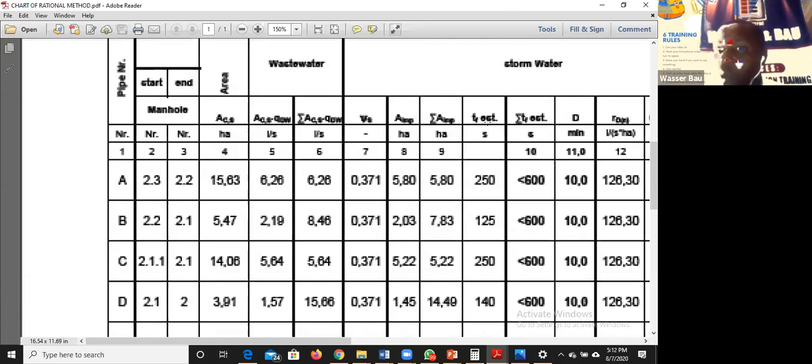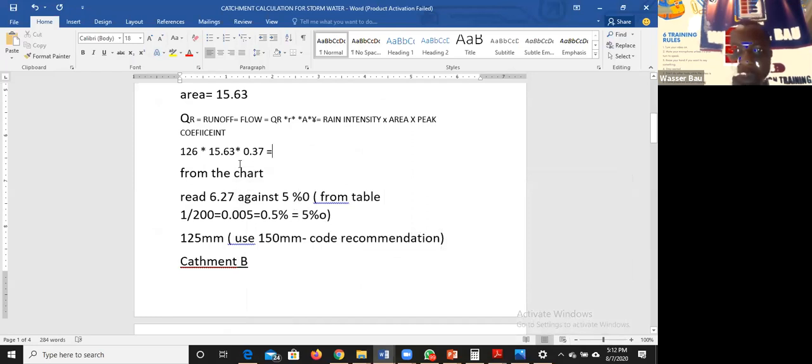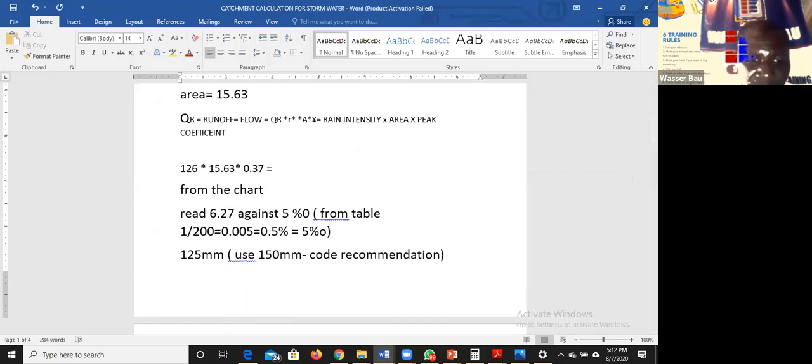You accumulate the area. So now this becomes 126. Sorry, before then, let me make it more explicit. The effective area is now the area of the catchment multiplied by the coefficient.